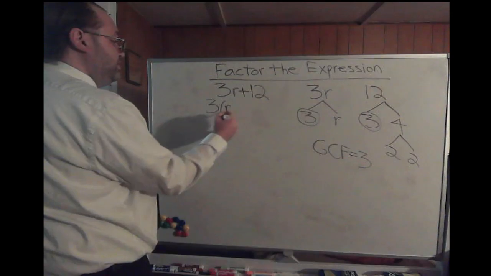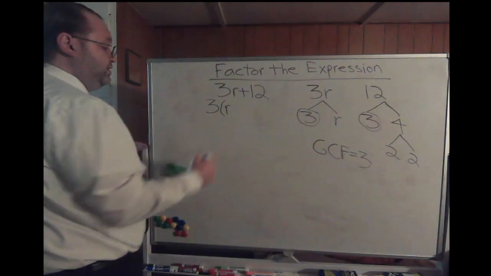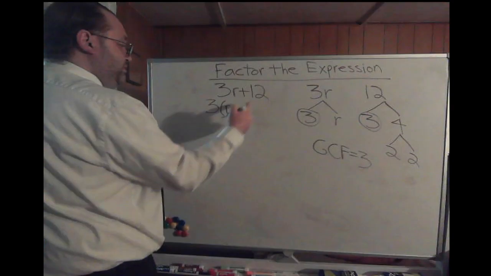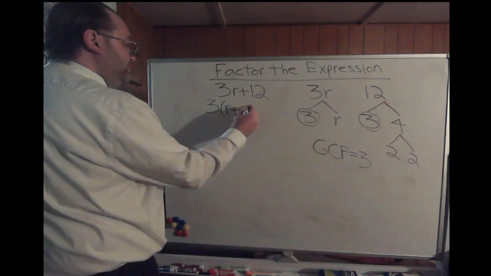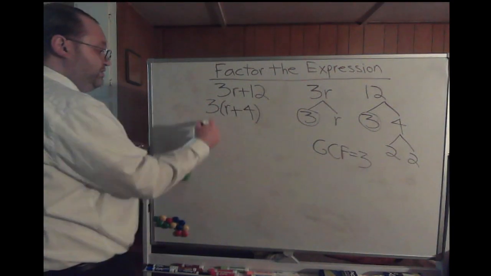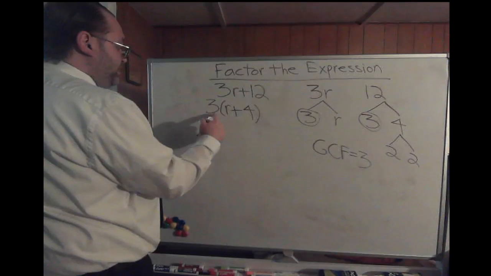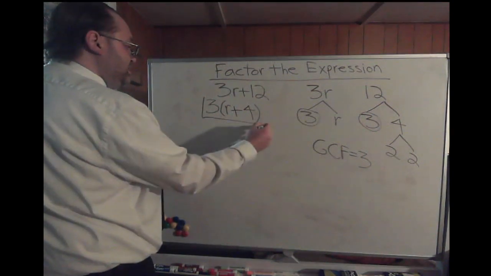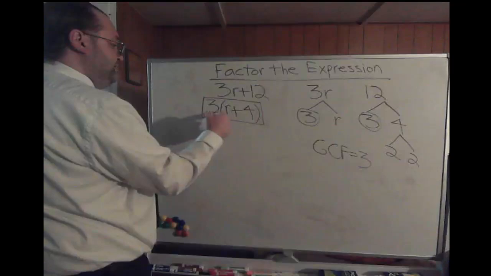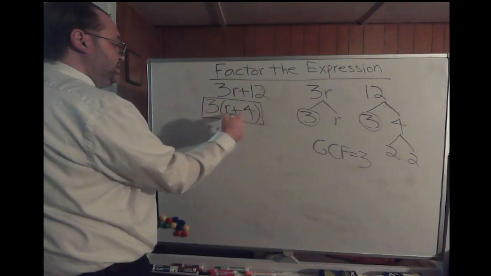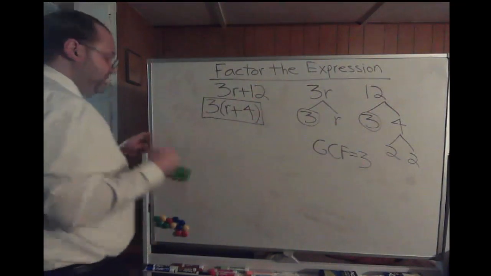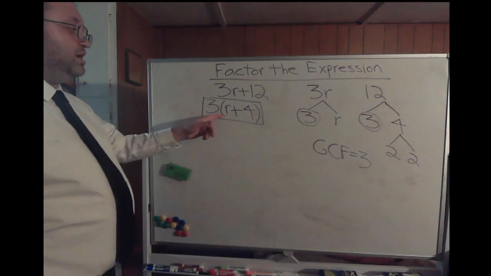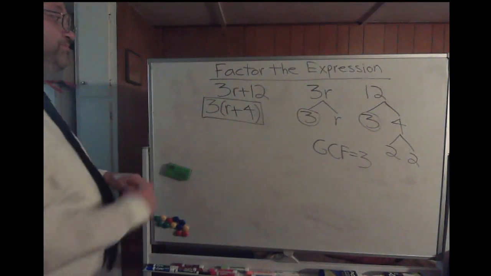Well, r. 3 times r equals 3r. Plus 3 times what equals 12? 4. So if you did the distributive property, you would get 3r plus 12. It would factor back out. Because 3 times r equals 3r, 3 times 4 equals 12. So therefore, the factored version is 3 times the quantity of r plus 4.